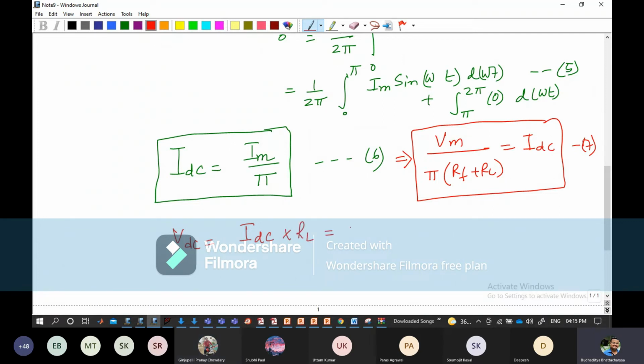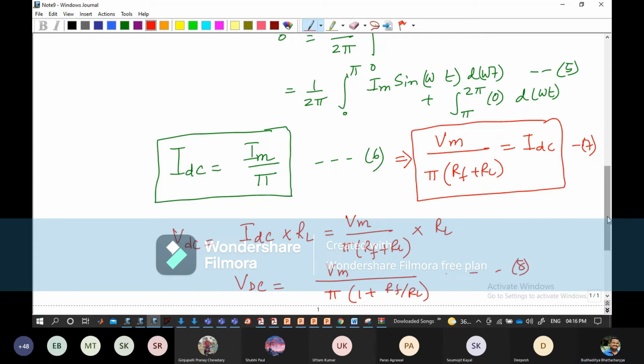So IDC is again the same way, we can write Vm by pi into Rf plus RL, multiplied by RL. And after a little reshuffling of the whole setup, we can write the final result: VDC equal to Vm by pi, 1 plus Rf by RL, as equation number 8.